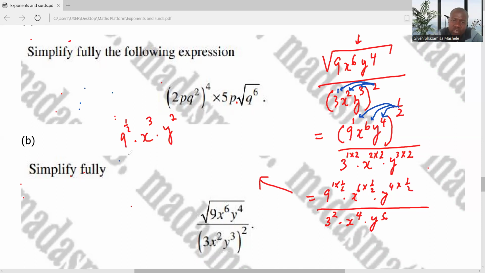Half of 4 is 2. Divide by, what is 3 squared? We can actually do this in two ways. Because already we have a base of 9, we can say 3 squared is 9, times x to the exponent of 4 multiplied by y to the exponent of 6.